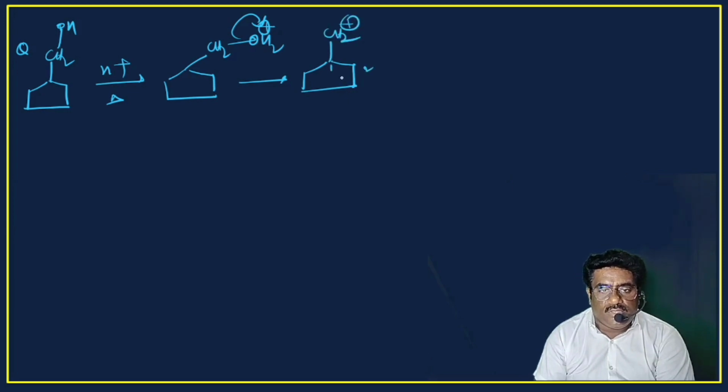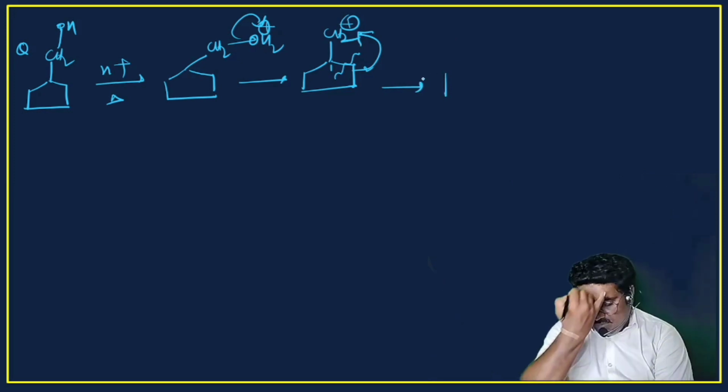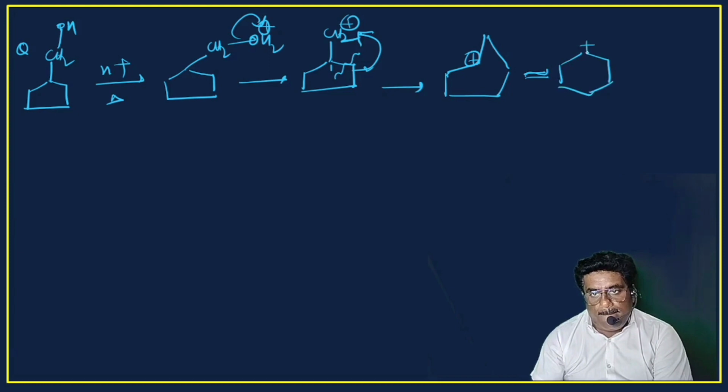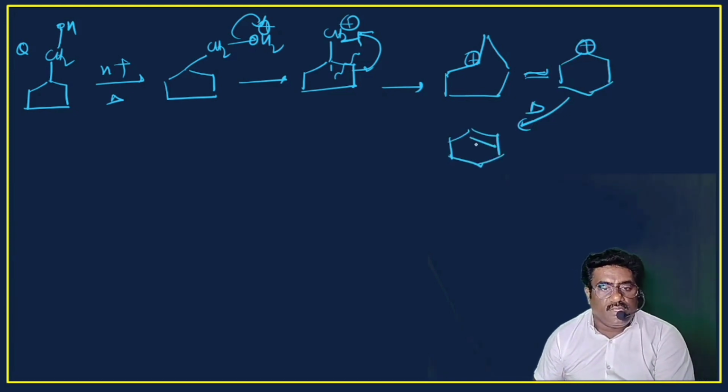It is the first position, the second position breaking and the second position attached with the carbon, so it forms this. Again heated, it forms cyclohexene.